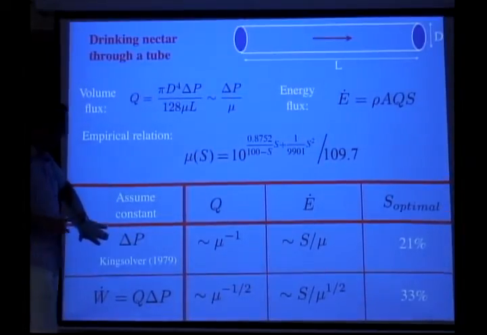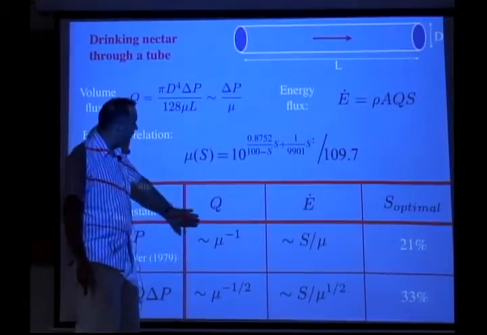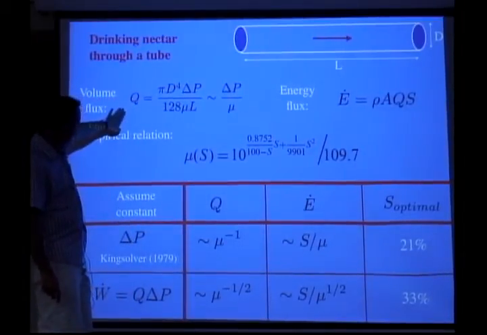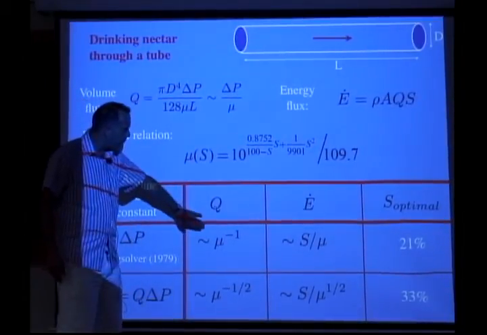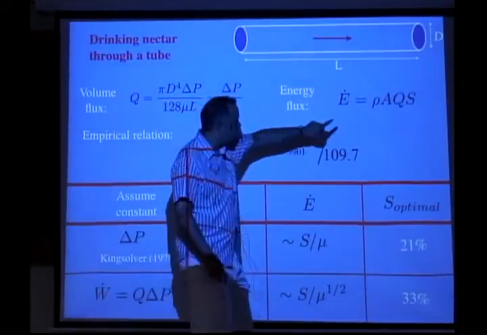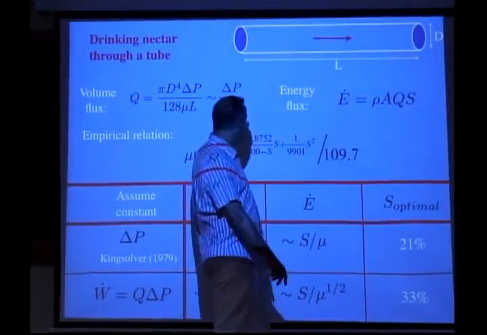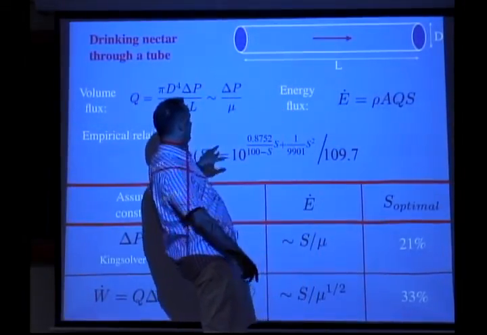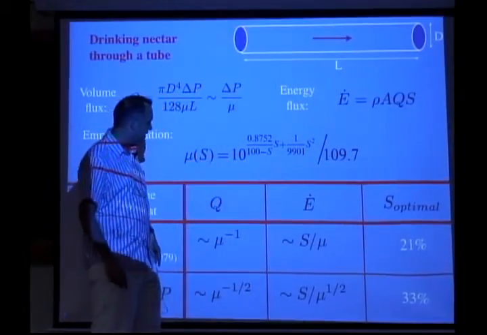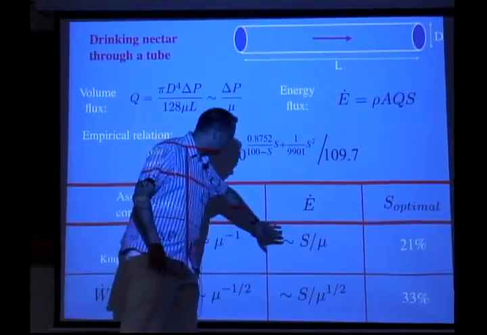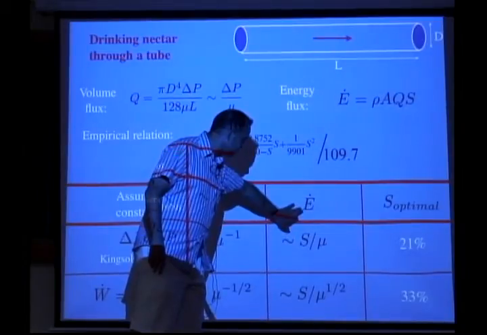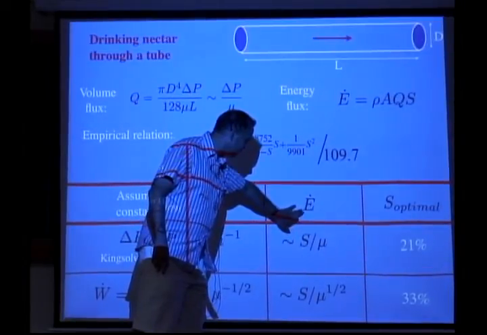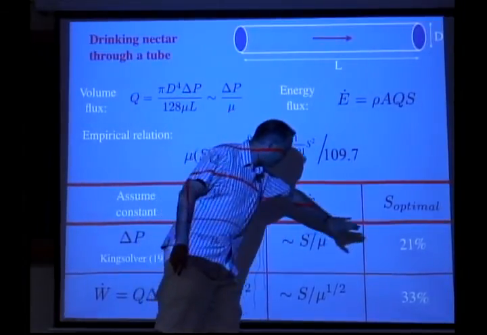If you assume that, then you find from this relation simply that Q goes as 1 over mu. If you substitute Q for 1 over mu, and then substitute this mess in for S, you find that the optimal concentration is around 21%.